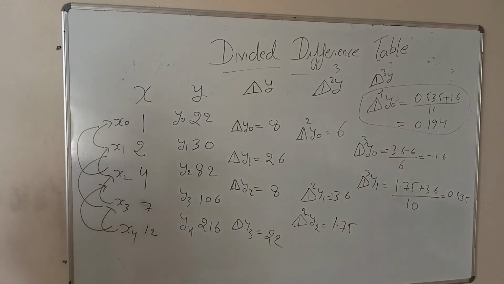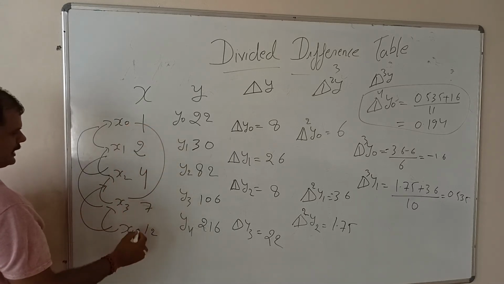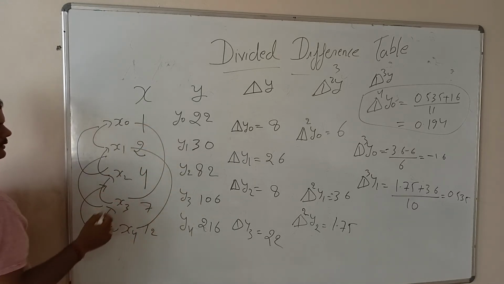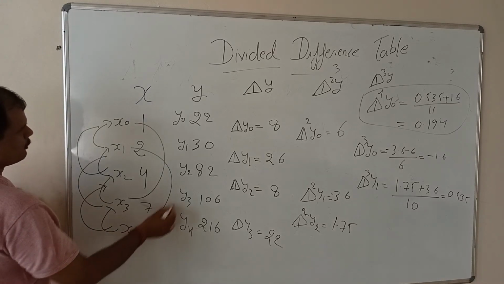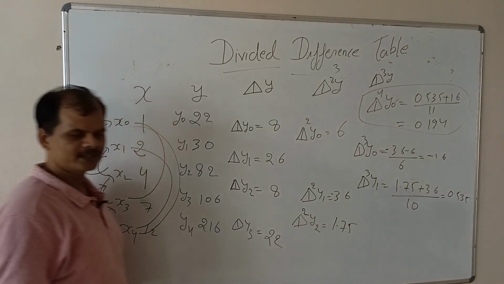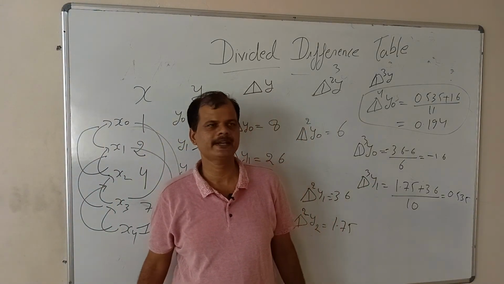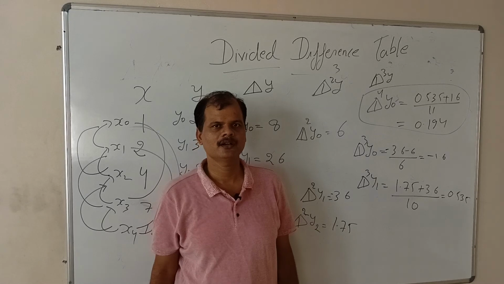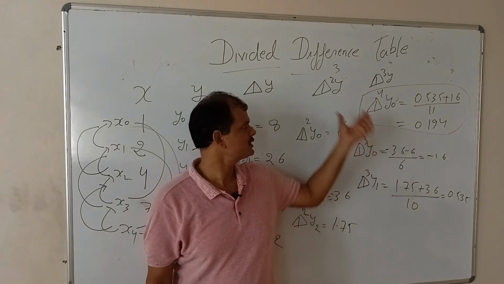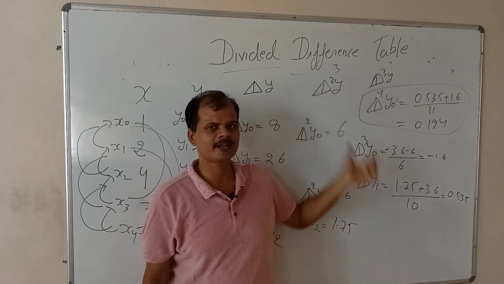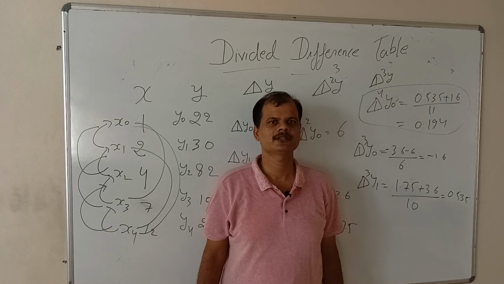And the same way, for cube we have x3 minus x0, x4 minus x1. And the last one, we get x4 minus x0. So this is the difference table. Just try to take some other data set and try and see. You can write the difference table. This divided difference table will be used in divided difference interpolation. Thank you.